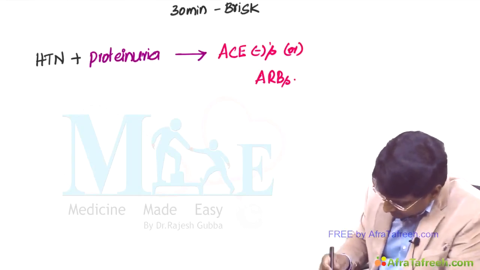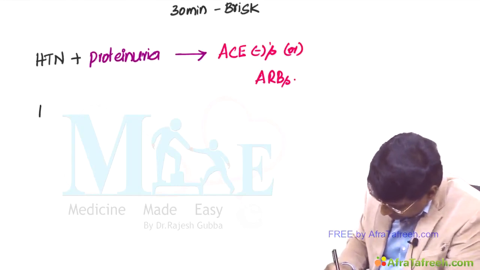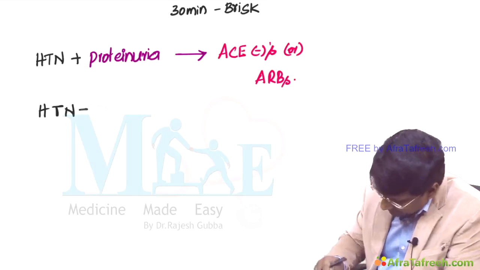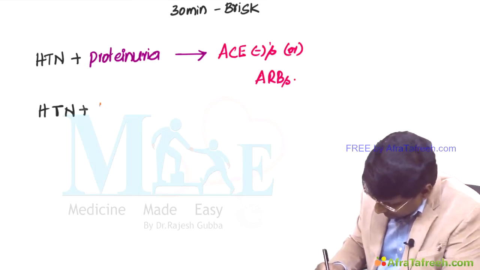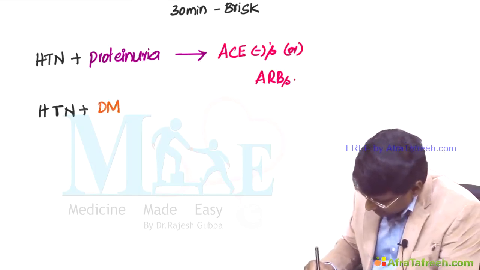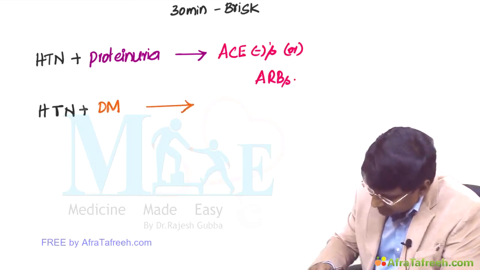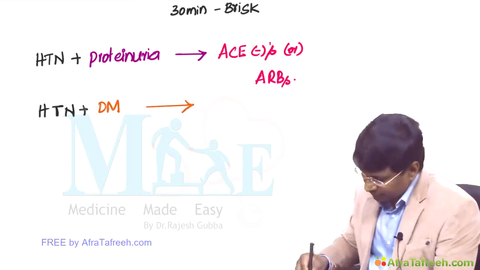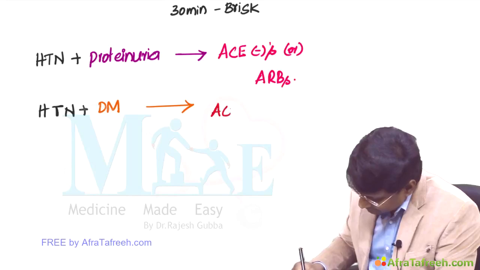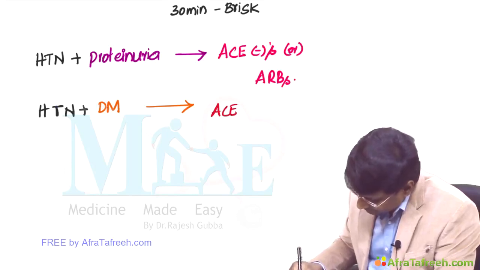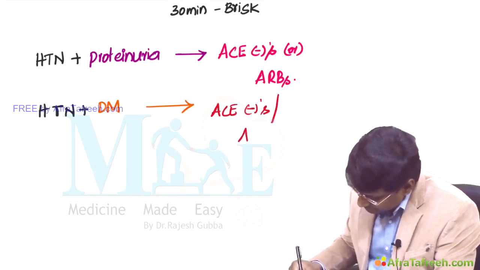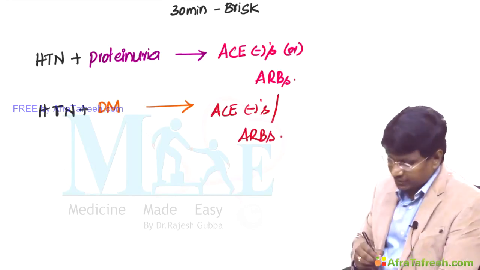Next, you take a patient with hypertension, and along with that, the individual is having diabetes mellitus. Remember, even in this clinical scenario, you have to give the same drugs, that is ACE inhibitors or ARBs. Now, the question is why?